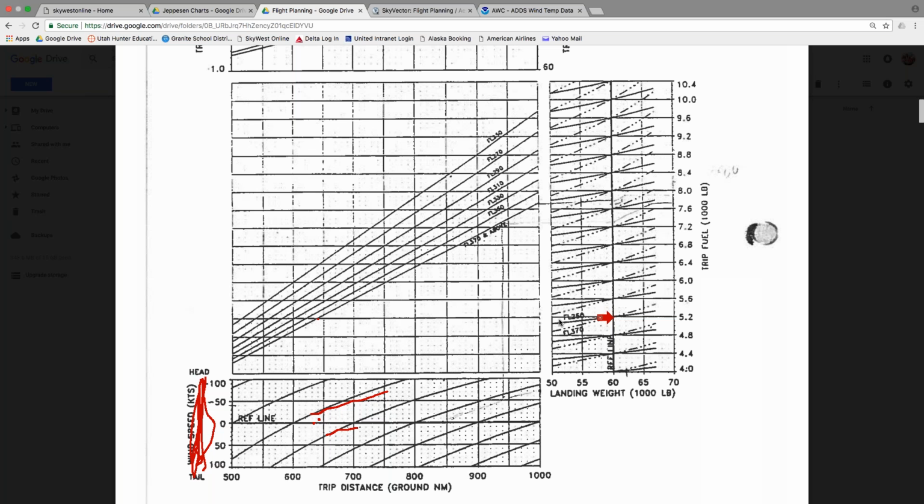Okay, so to find our landing weight, go to our weight and balance chart and we minus our burn. Is that the same as our zero fuel? I was going to say, yeah. Okay, so we added... that's what we forgot.